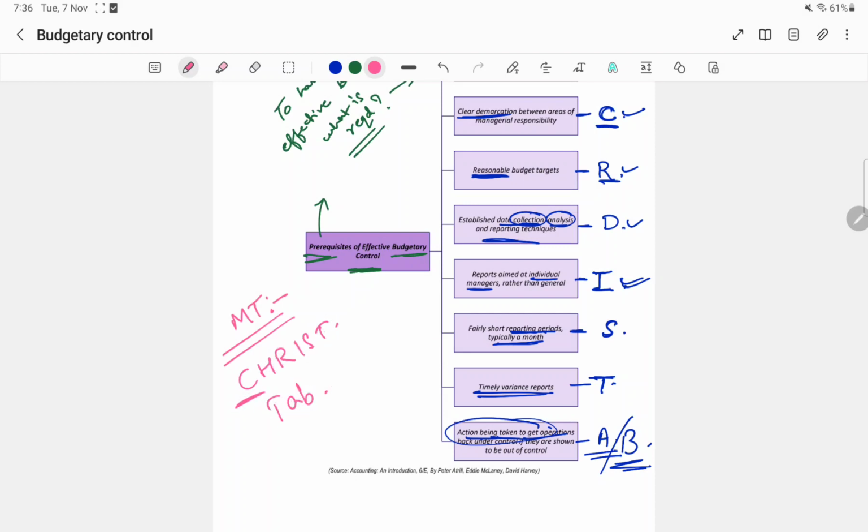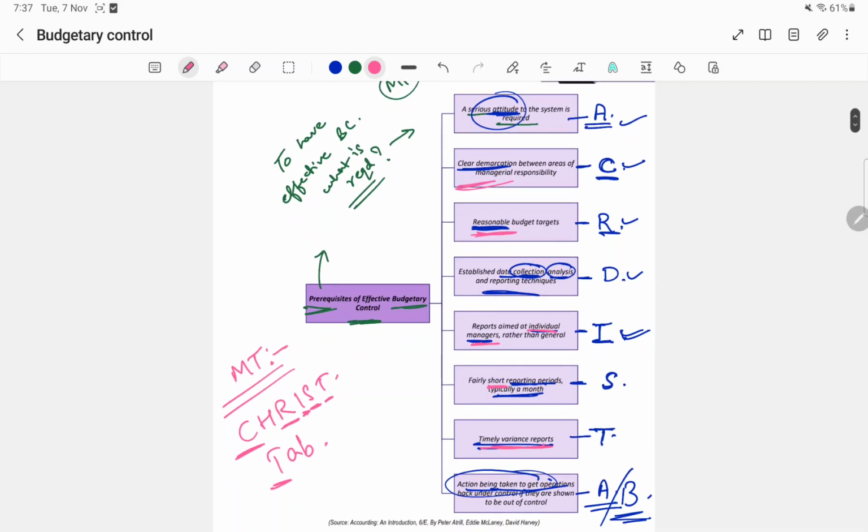So from C it will be clear demarcation, from R it will be reasonable budget targets, from I there will be reports aimed at individual managers, from S there will be shorter reporting periods, and from T there will be timely variance reports. Now again from T we can keep one more point, that is techniques. From A there will be serious attitude, from B there will be action being taken.